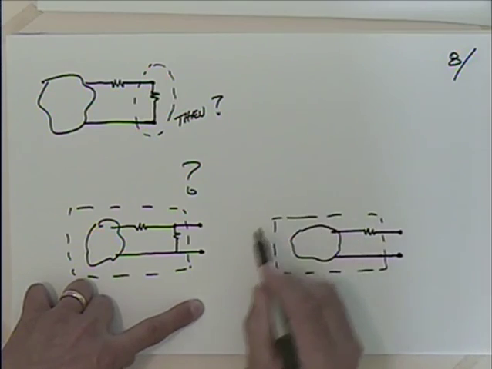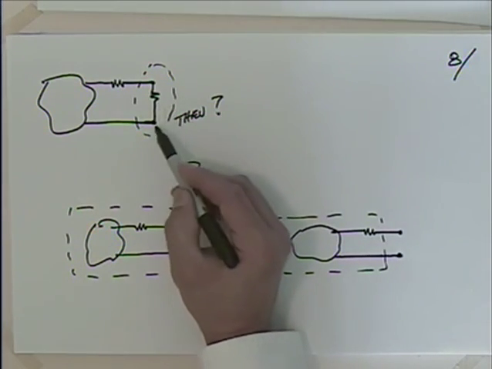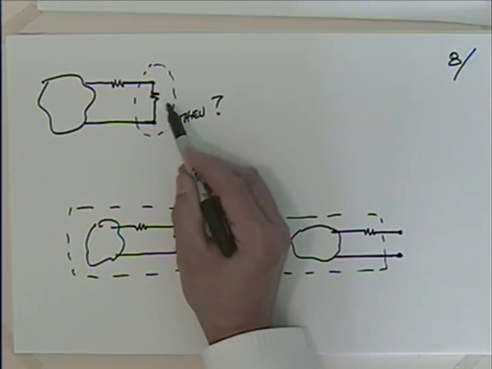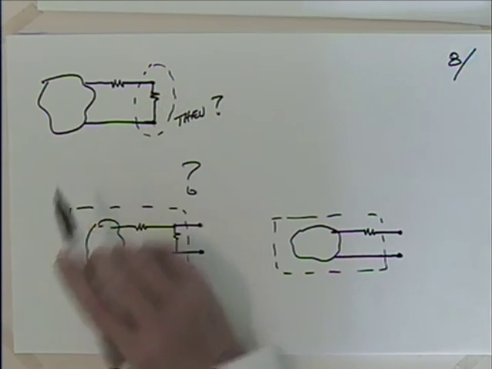Okay. So when they do something like this and they ask you for the Thevenin at these terminals, you have to ask, am I to include this resistor or not?